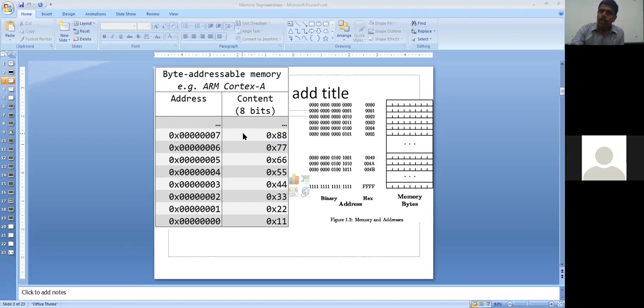If you increment the memory pointer, it will point to the next 8 bits in the memory. If we are talking about a 16-bit memory, then each address location can store up to 16 bits.